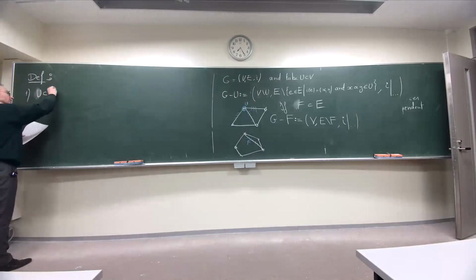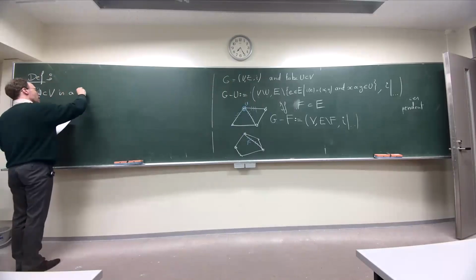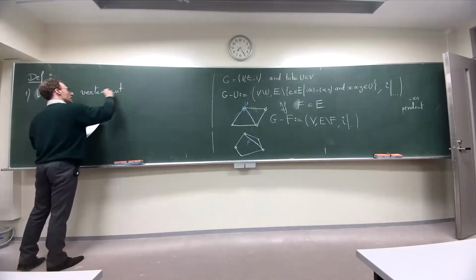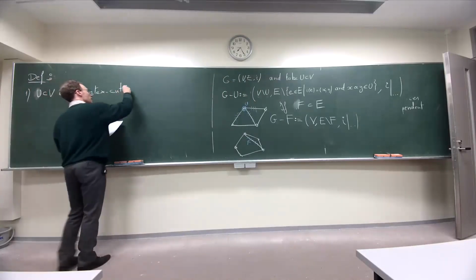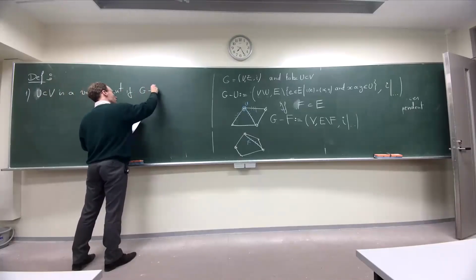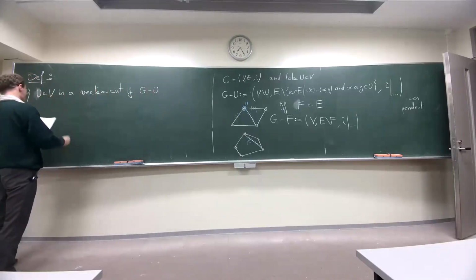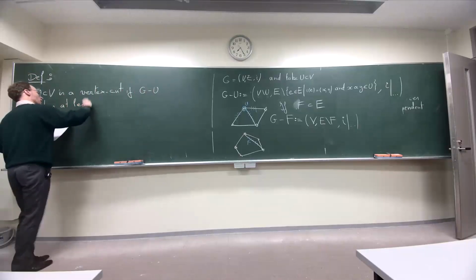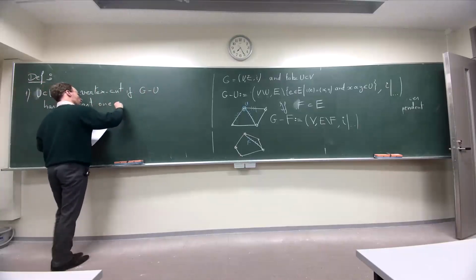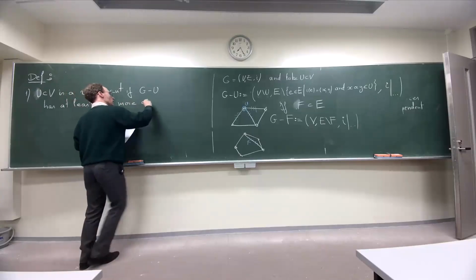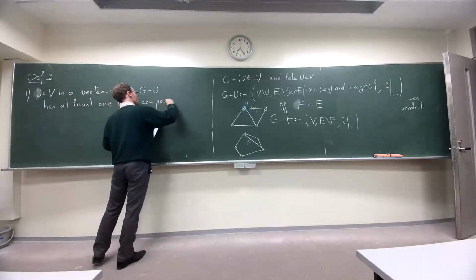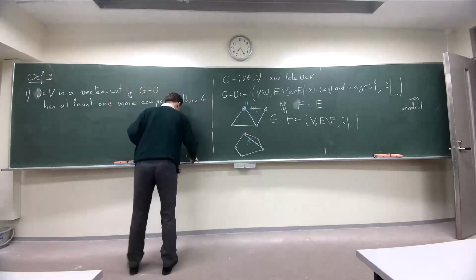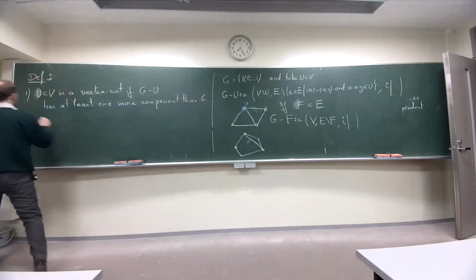Number 1: U inside V is a vertex cut if G minus U has at least one more component than G. I will make pictures in one minute.